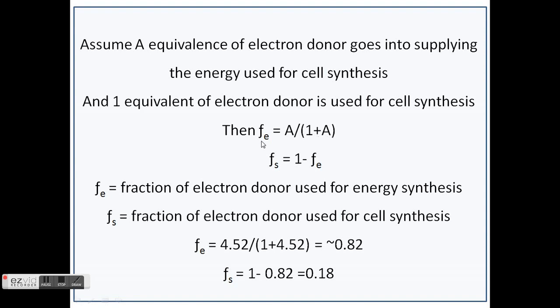And then Fe plus Fs must be equal to 1. So Fs, the fraction needed for cell synthesis, will be equal to 1 minus the fraction needed for energy production. So that's Fe, the fraction of electron donor needed for energy production, and Fs, the fraction needed for cell synthesis.